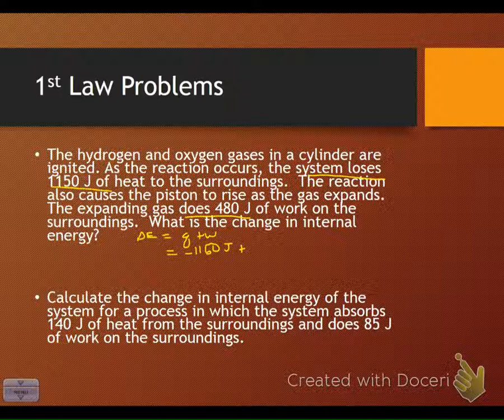The gas does 480 joules of work, so that will also be the system losing energy, negative 480 joules. So if we work that out, looks like it's going to be close to 1600 and something. So 1630, negative 1630. I wrote right over my answer, but you get the idea.